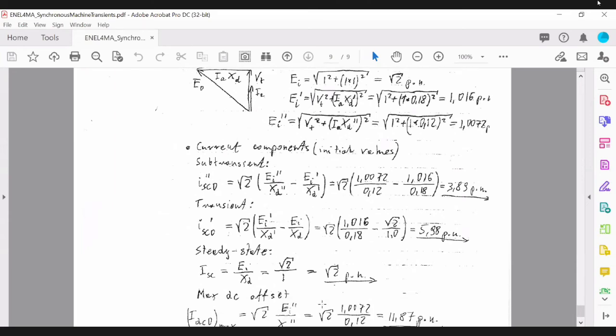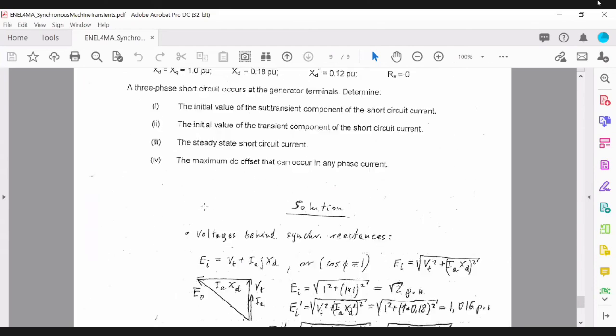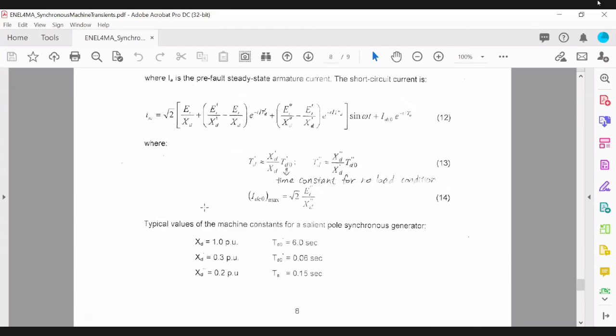So you can see there, basically to obtain the value of the short circuit current, I double dash, you can look back into the equation.